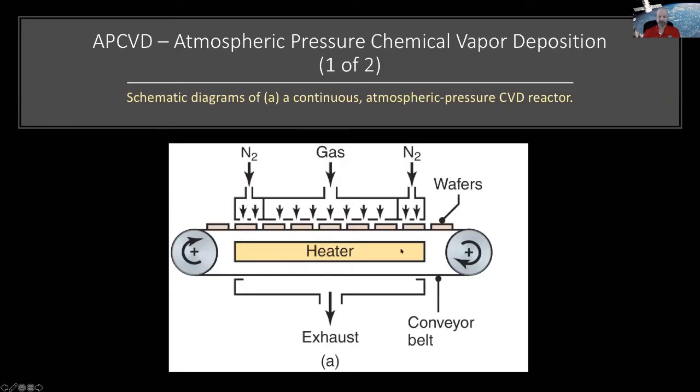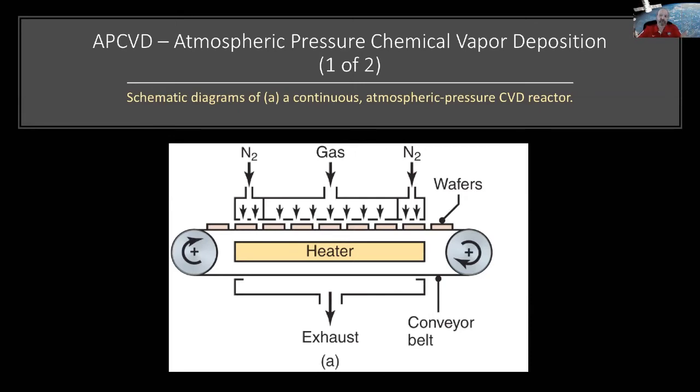They actually have a conveyor belt. This is old school, and they're starting to use this a lot with flat panel displays because they can do large area things with it. So this is an APCVD, which is atmospheric pressure chemical vapor deposition. So it's not in a vacuum or low pressure. It's at atmospheric pressure. And if you look at the left and right side of the system, they're actually pumping nitrogen gas in, and it acts as a curtain, right?